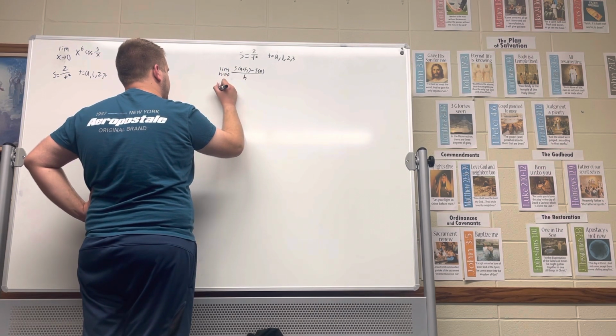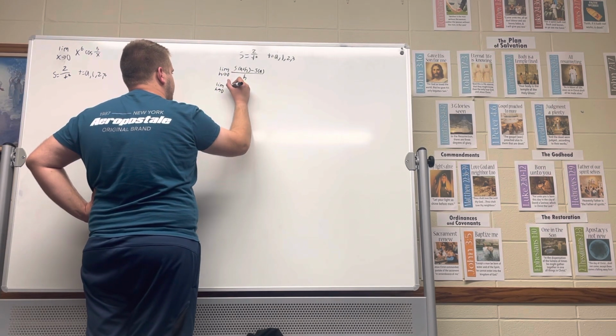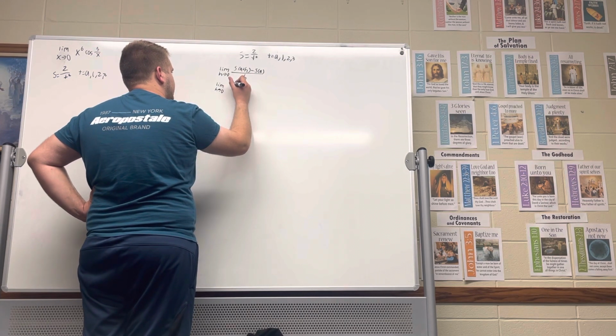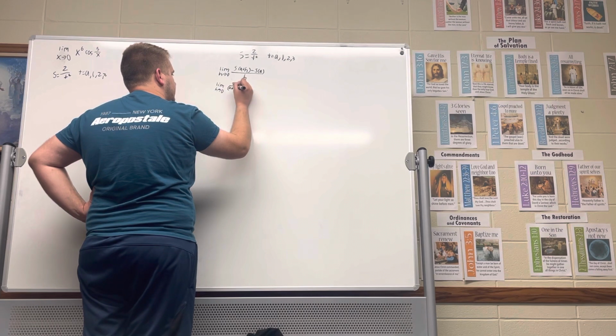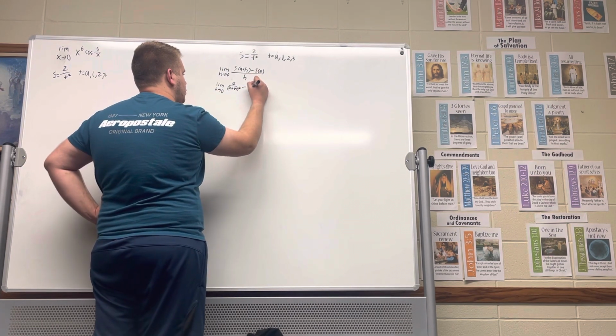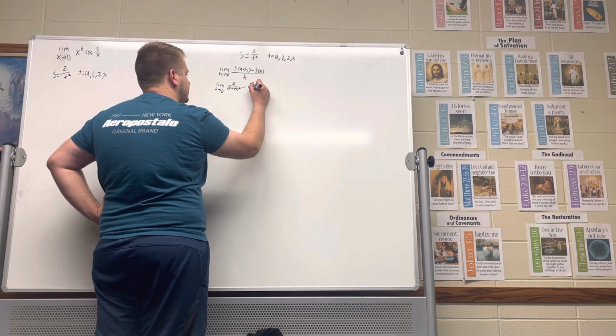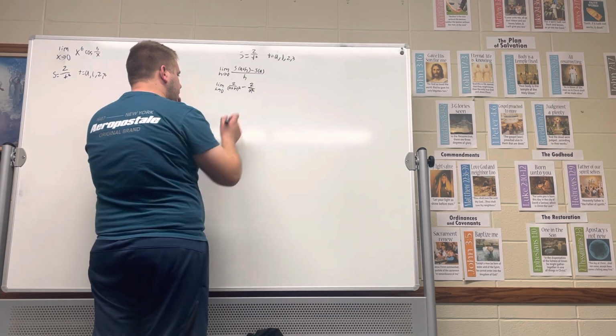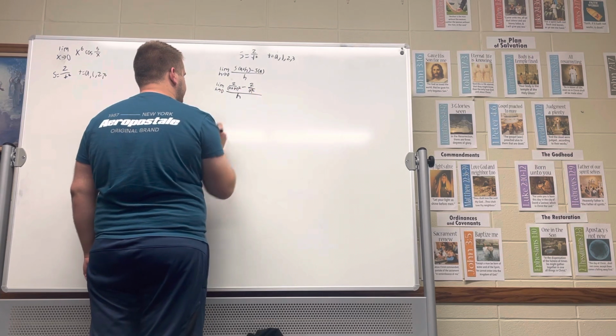When we use the actual equations, that works out to 2 over a plus h squared minus 2 over a squared, all over h.